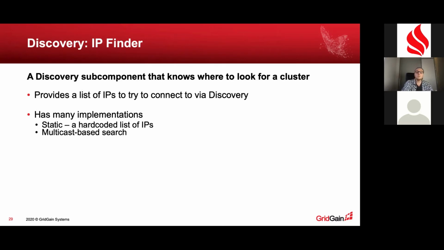There is also a multicast-based approach, where we just ask the entire network around us whether there are any running Apache Ignite nodes. Maybe they will just respond and we will find each other like that.